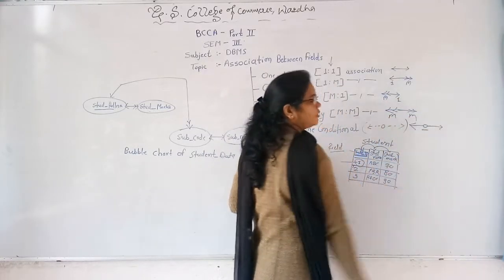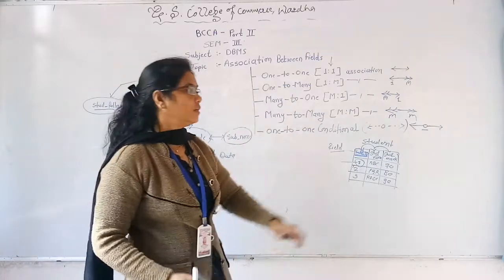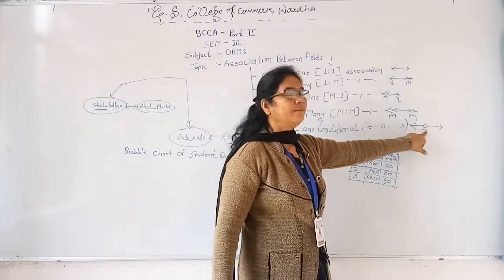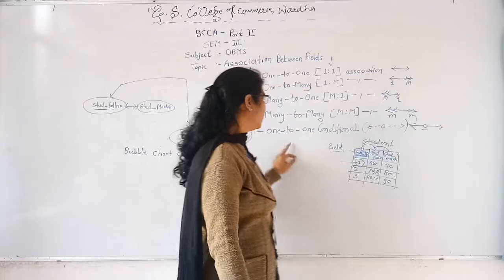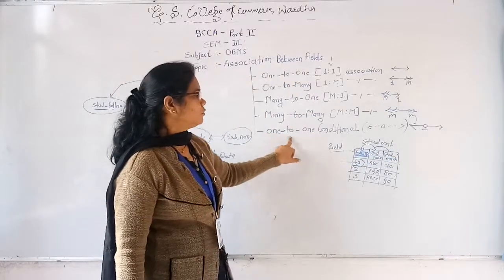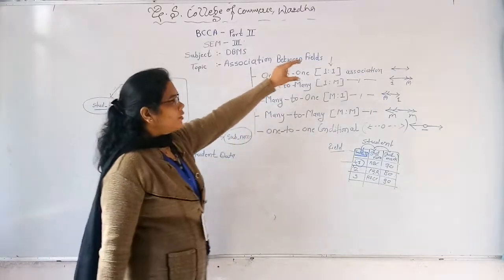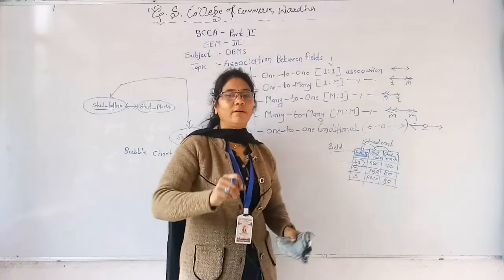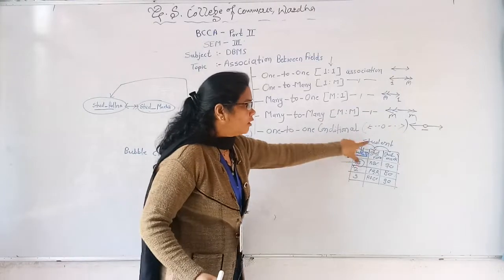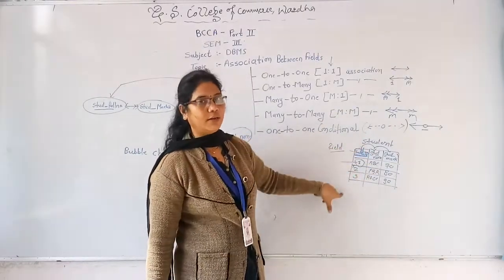But when we use a bubble in between two arrows, it is 1:1 but conditional. That is 1:1 conditional.